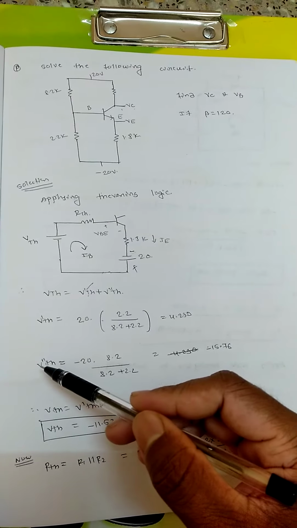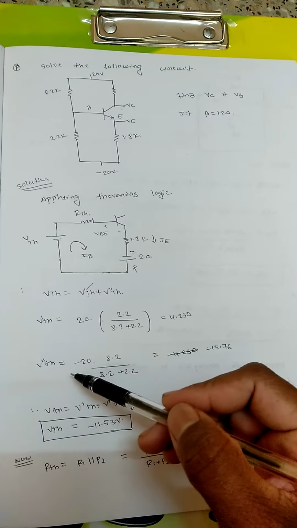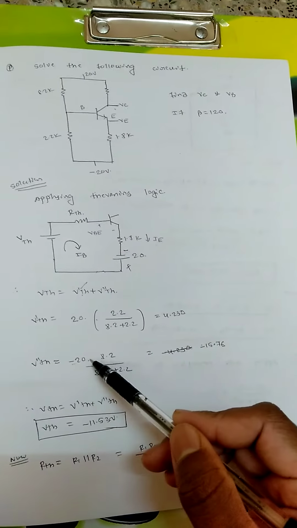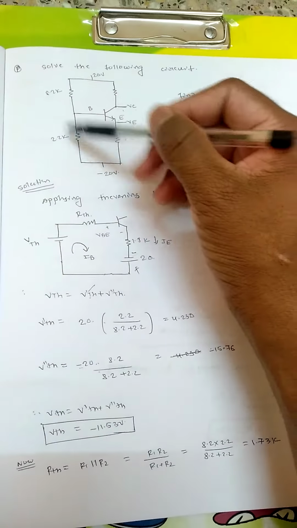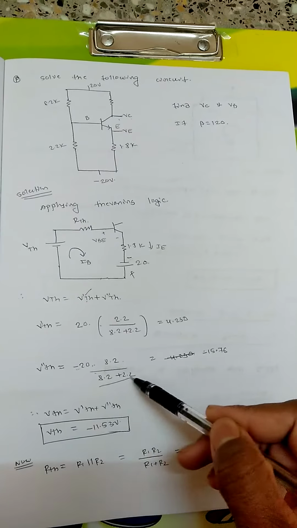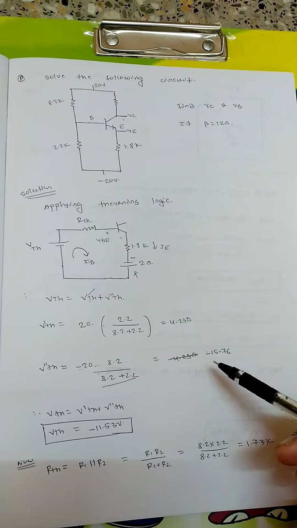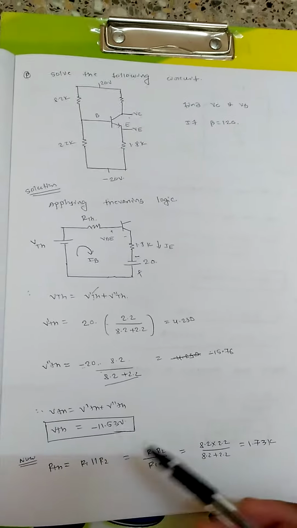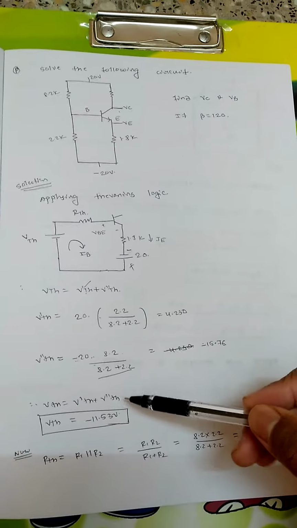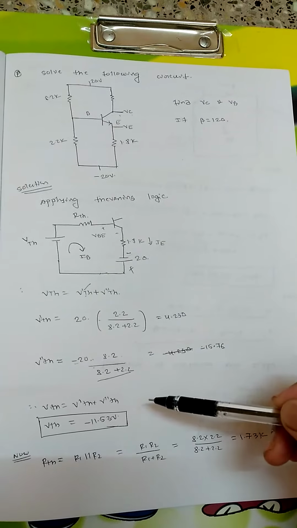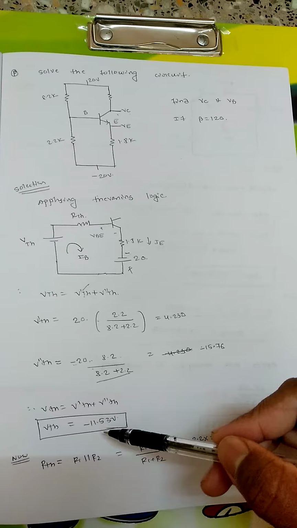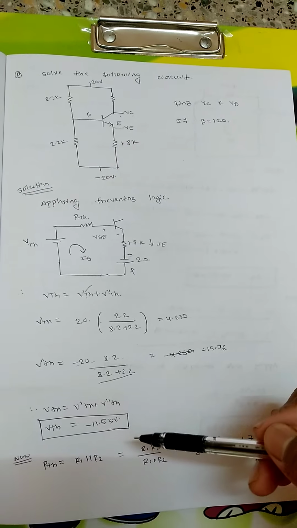Similarly, V double dash TH when minus 20 volt is acting: minus 20 into the opposite resistance 8.2, divided by the total resistance 8.2 plus 2.2, which equals minus 15.76. Therefore Thevenin's equivalent voltage is V dash TH plus V double dash TH. When you add these two terms, we get minus 11.53 volt as the total Thevenin voltage.